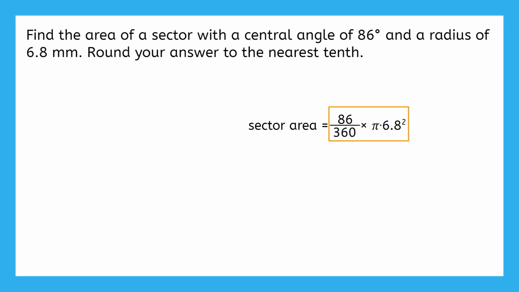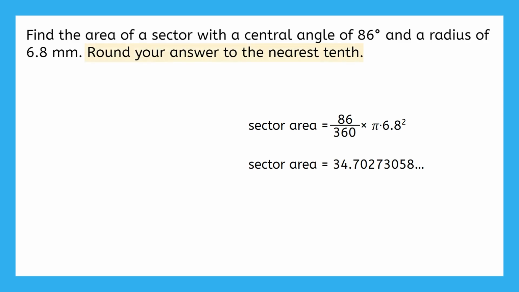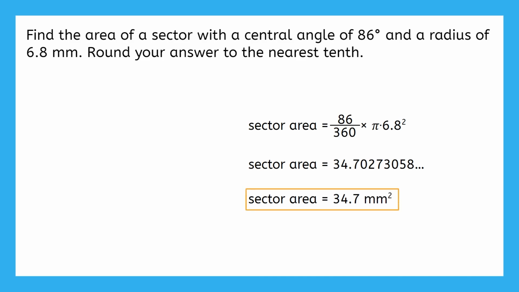When you do, using the pi function to be as accurate as possible, your calculator should give you this answer approximation. But we're not quite done yet. We still have to round to the nearest tenth, which makes 34.7. And since the radius is measured in millimeters, our final answer is 34.7 square millimeters.